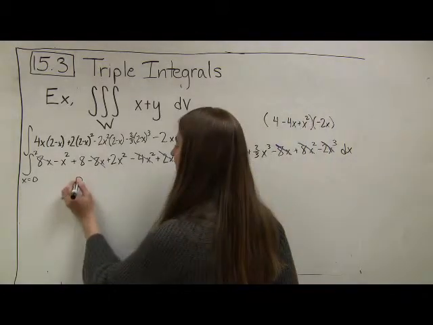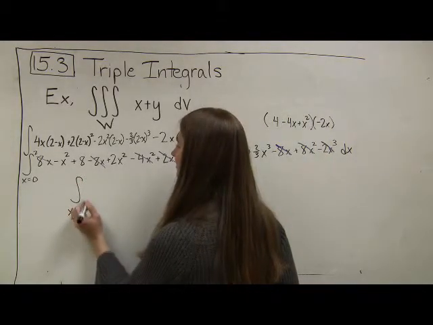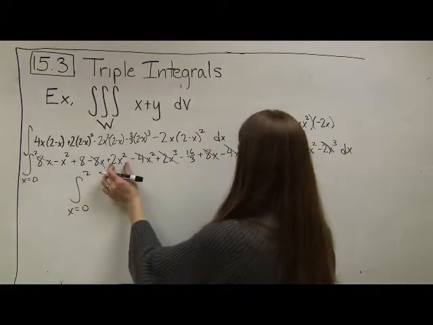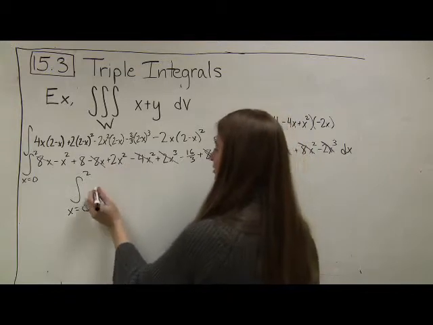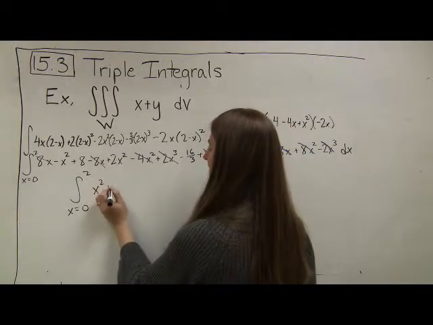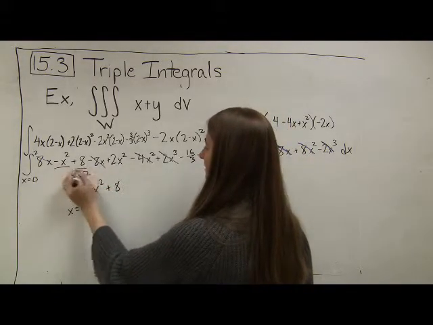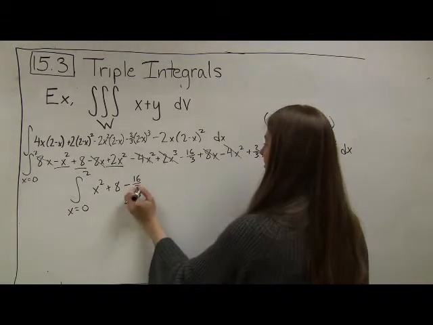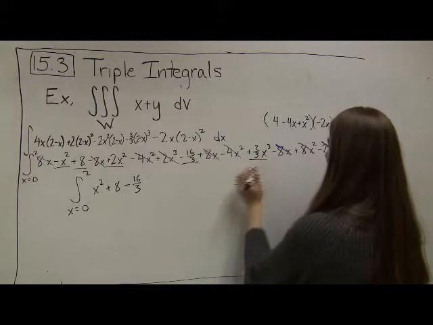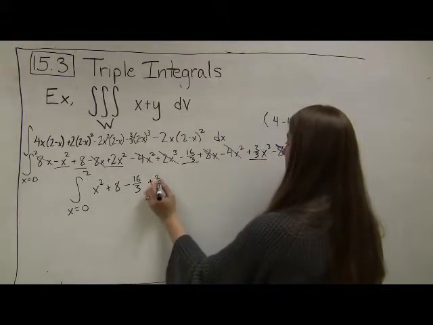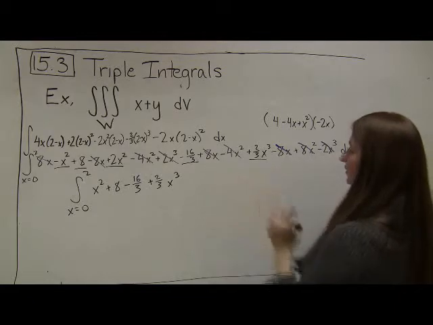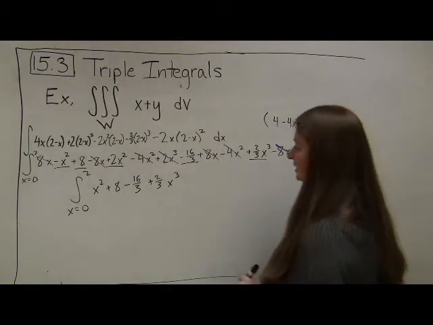Now it'll be easier. I'm going to integrate as x equals 0 to 2. My minus x squared and my plus 2x squared just becomes an x squared plus 8. I'm recording, making sure I get all my terms. Minus 16 thirds plus 2/3 x cubed, and we're all done. dx.